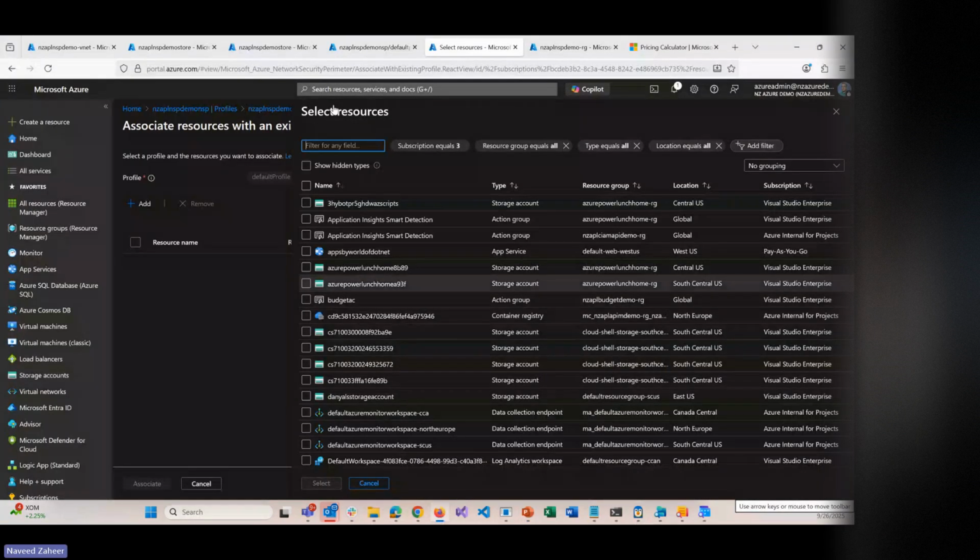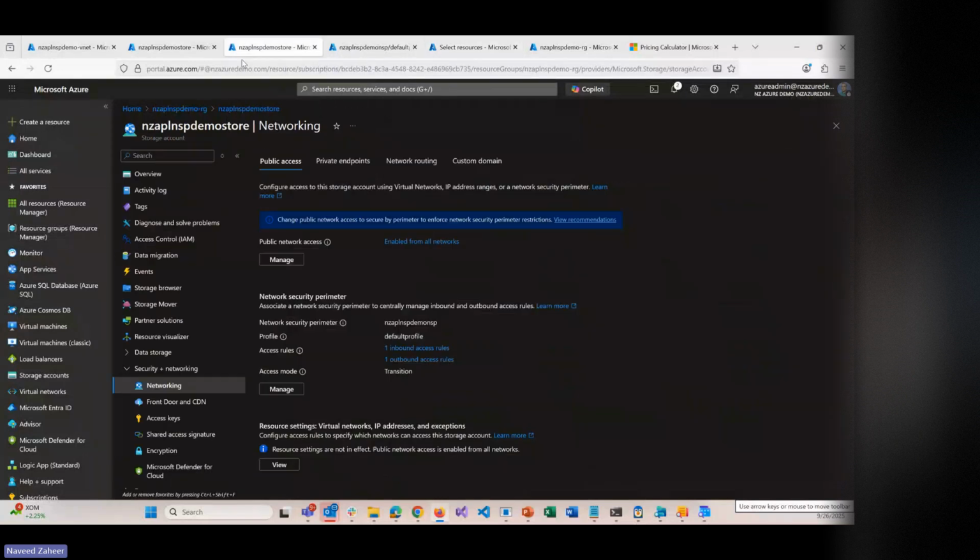The private endpoints are there. It's not going to block them, but if you look at this storage networking, this is here, and it says change public network access. So I'm going to basically block all network access, but right now it's in transition, it's still learning. But if I say enforced, it's going to automatically block all internet access.